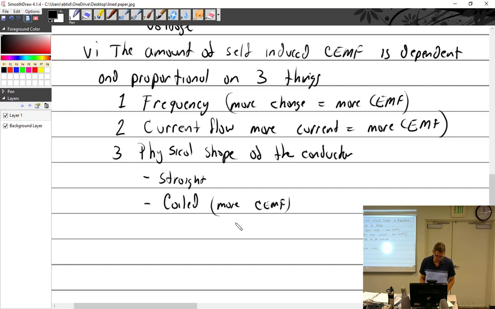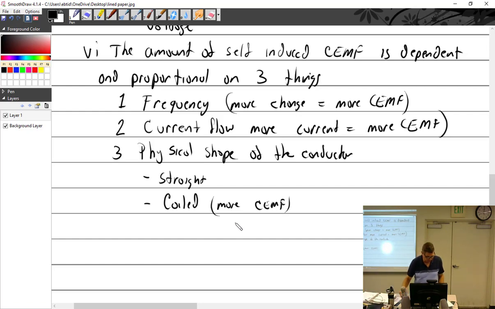EMF produced cuts through wires at multiple points. You could have one wire expanding out. This one wire expanding could be cutting across 3 or 4 wires. You know, so is it tightly wound? Is it loosely wound? What's the core? If it's got a soft iron core, then the magnetic field is going to build up in that soft iron core and transfer out.